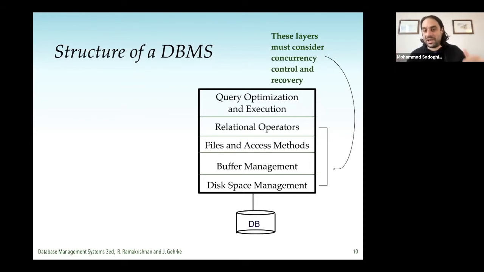To do gets and puts, I can go to the access method and figure out the best way of getting that. So that could just sit at the relational operator level. But oftentimes we will have more complex queries that want to combine multiple tables together and maybe do some aggregation. And so it's a complex operation, and the query optimization and execution handles a complex query.